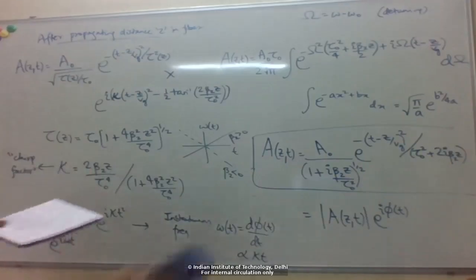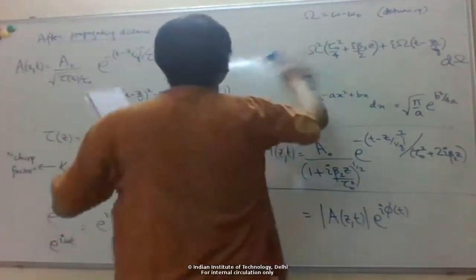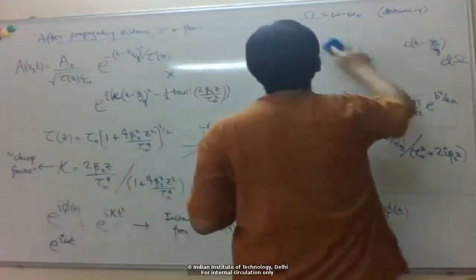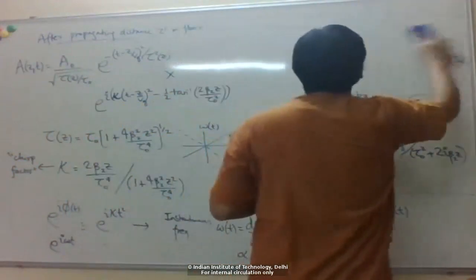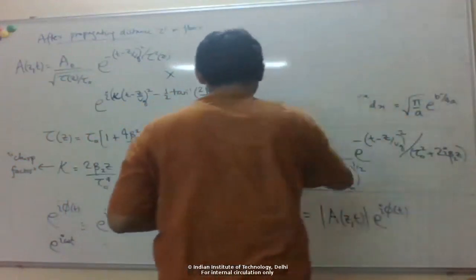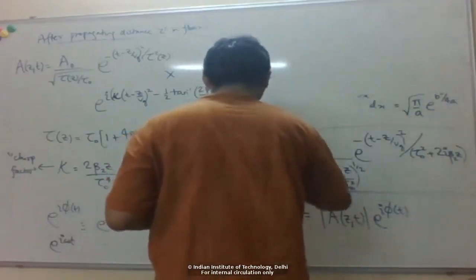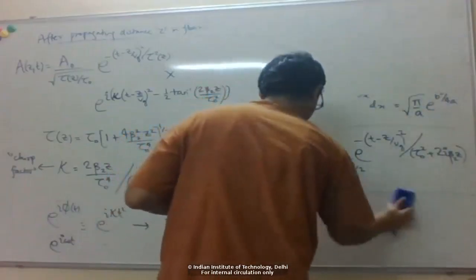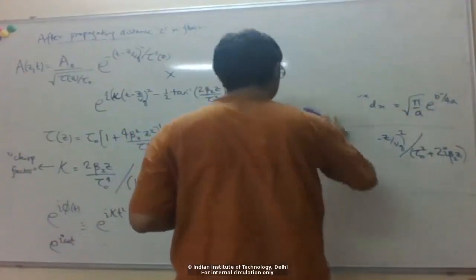So for example, if you want to find the intensity or the power in the pulse, we need to take the mod square of this, because remember, this was the electric field amplitude.